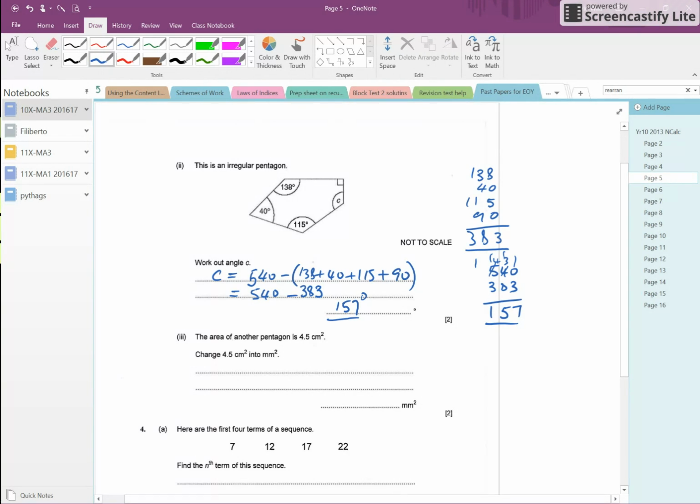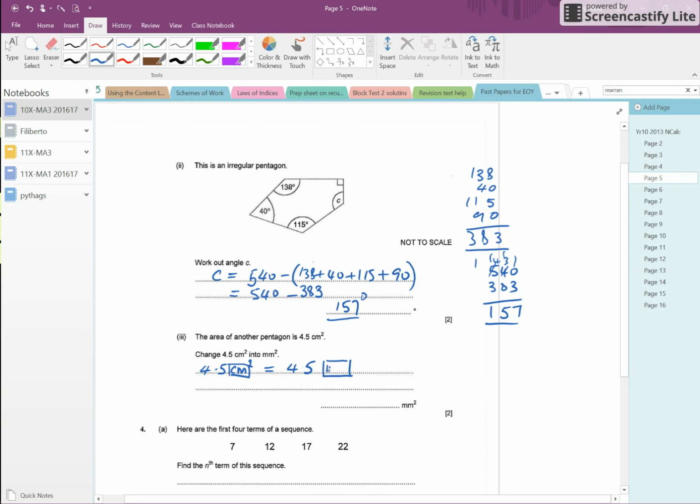The area of another pentagon is 4.5 centimeters squared. Change that into millimeters squared. So remember what we did in class. We changed this centimeters into millimeters. So we've still got the 4.5 here. And now we're going to change this box, where it said centimeters, into millimeters.